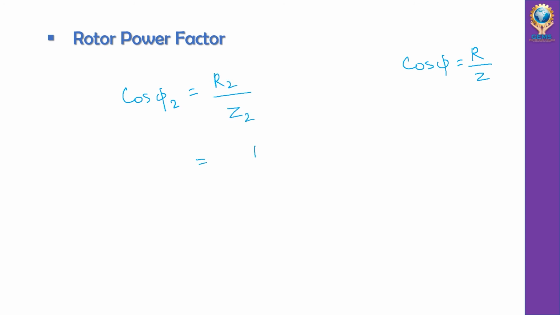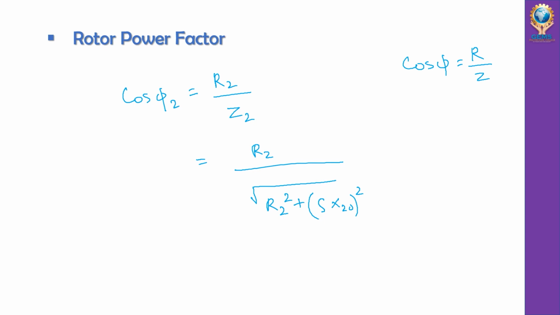So R2 divided by Z2 is equal to R2 under square root of R2 square plus (s into X20) whole square. So this is the power factor.